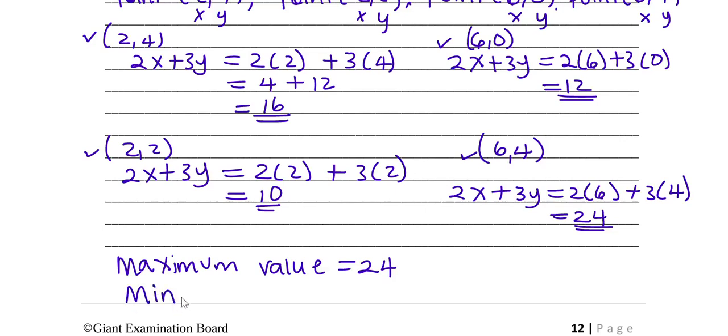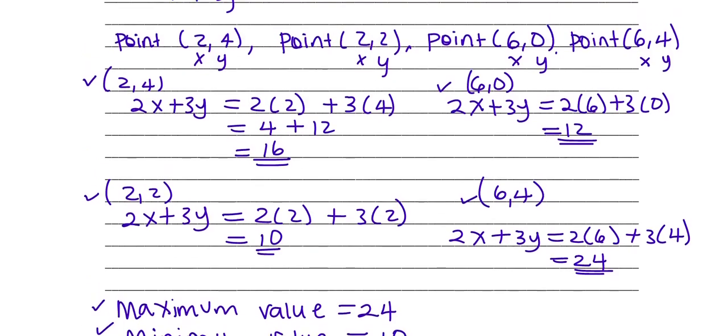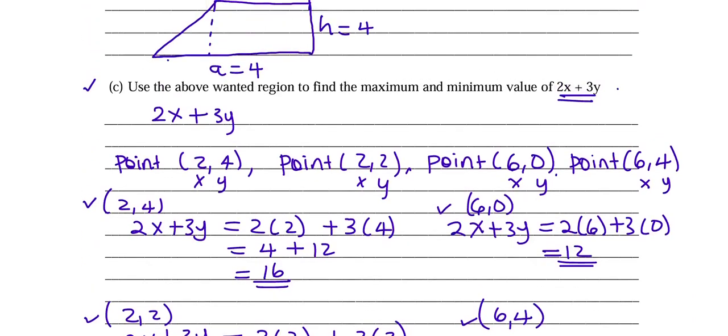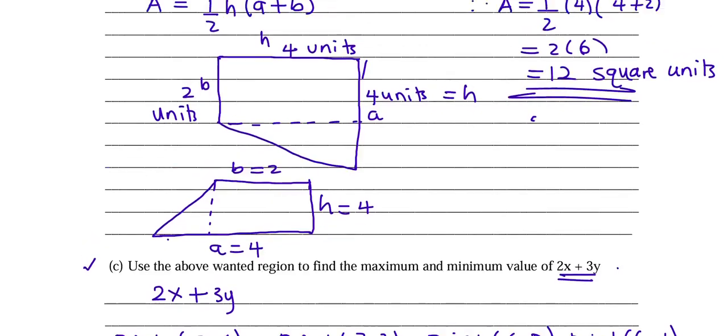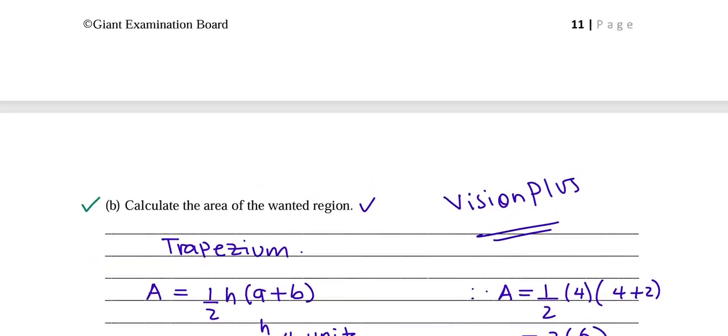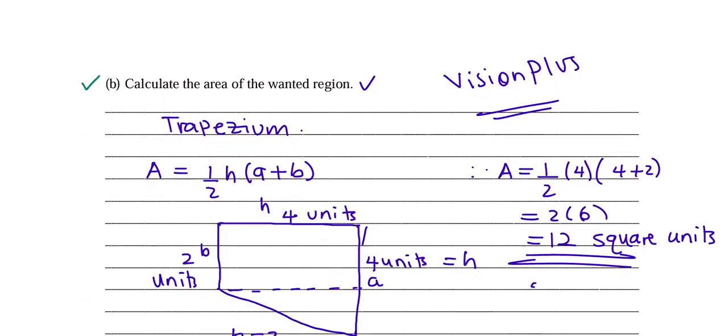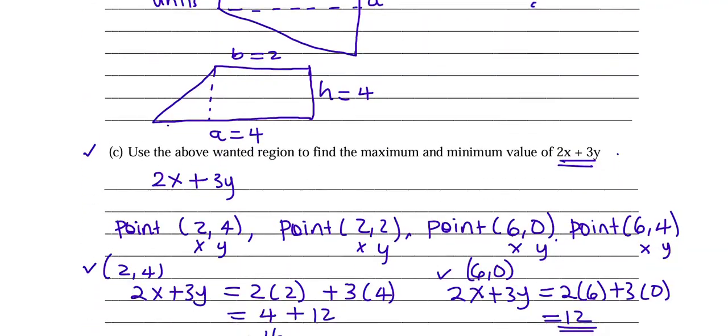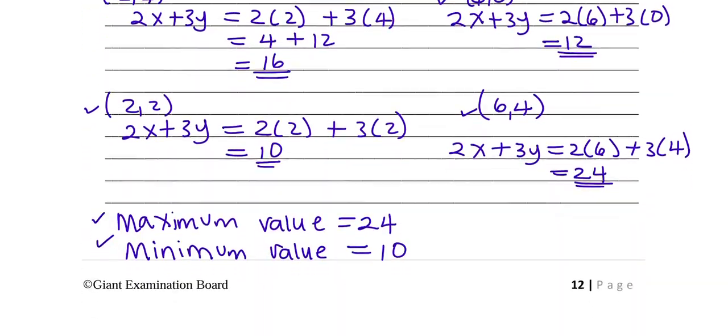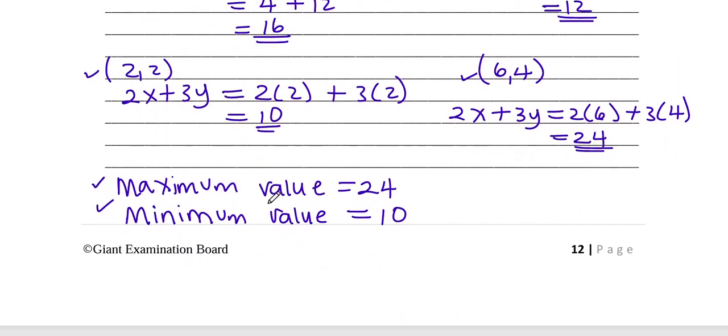And the minimum value is the smallest value, which you can see there clearly that it is 10. So this is the solution for the minimum and the maximum value of 2x plus 3y of question number 15. Yeah, this question has taken us time. I think it is the one that has taken the maximum amount of time that we have spent in this paper. Otherwise, it was worth it.